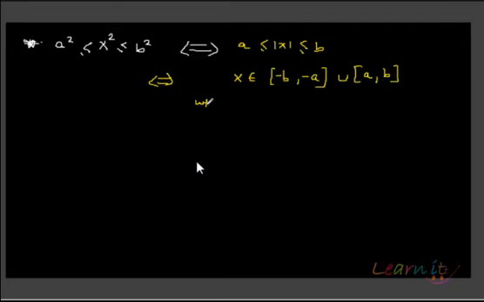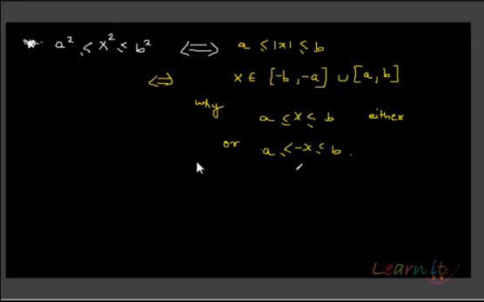Now how is that happening? Why will it belong to this? Because, see, case number 1, when x is positive, x lies between a and b, or negative x lies between a and b, right? So either that situation or this situation.